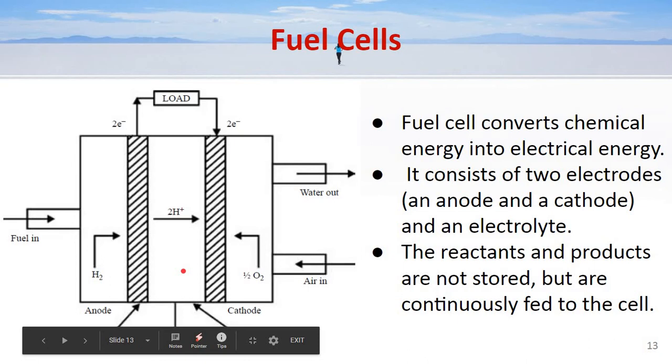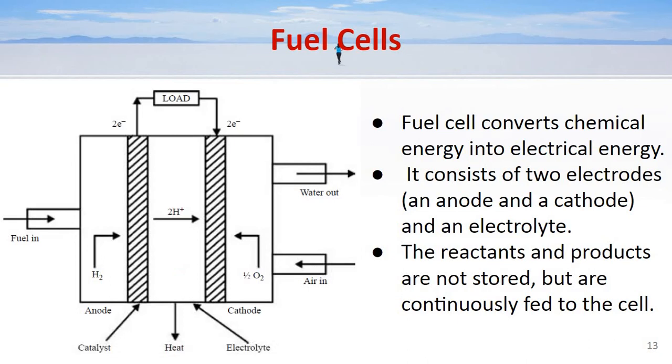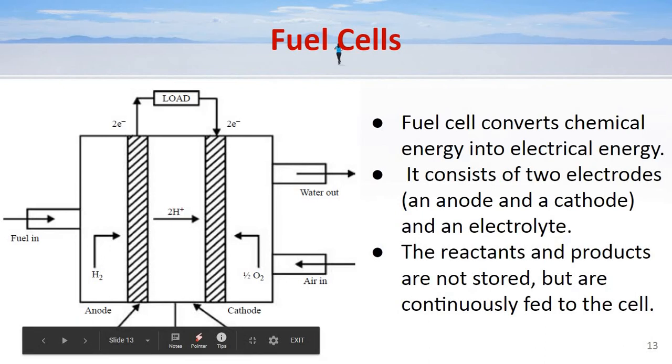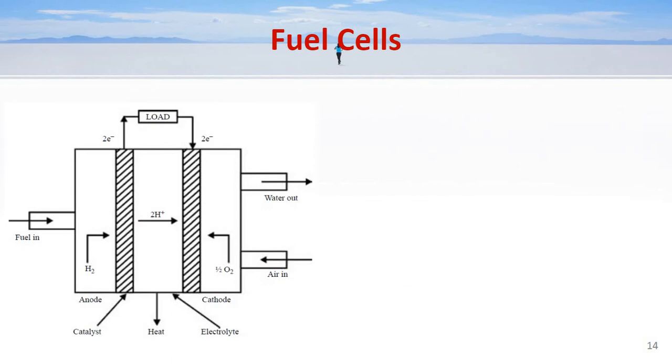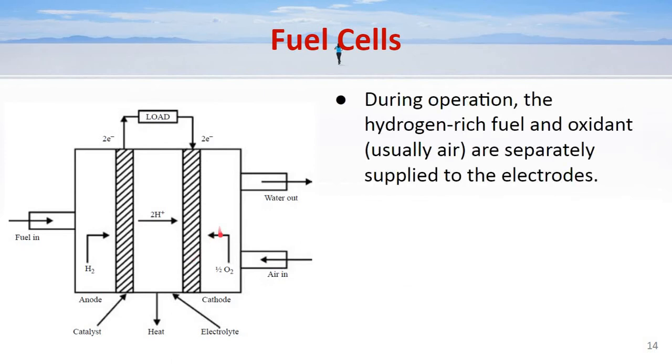The reactants and the products are not stored like in a battery, but they are continuously fed to the cell. During operation, the hydrogen rich fuel and oxidant, usually air, are separately supplied to the electrodes. You can see here the fuel is supplied to the anode side, and the air is supplied to the cathode side.